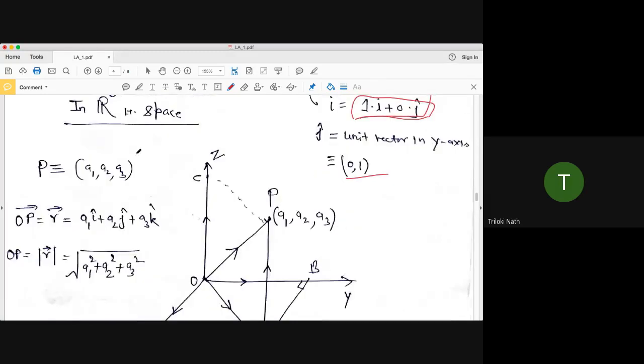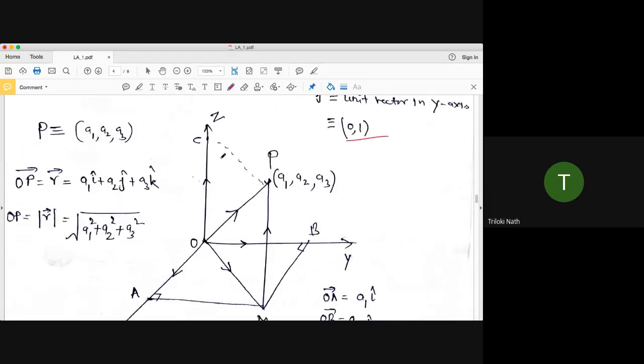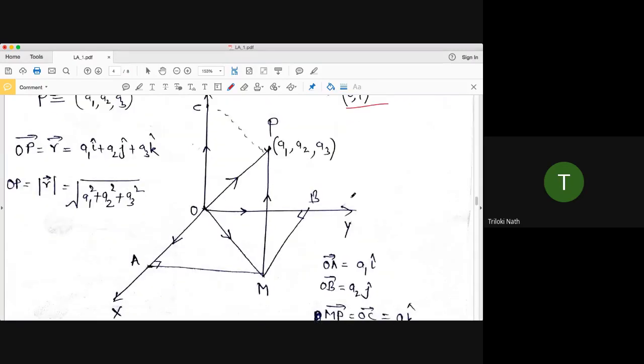Okay. Similarly, in R3, you can visualize here. This is z-axis, this is x-axis, this is y-axis. And P is a point whose coordinate is A1, A2, A3. That is, x coordinate is A1, y coordinate is A2, z coordinate is A3. Then the vector OP is the position vector of the point P. And of course, this can be written in physics notation like this: OP vector is R vector is A1 i cap plus A2 j cap plus A3 k cap.